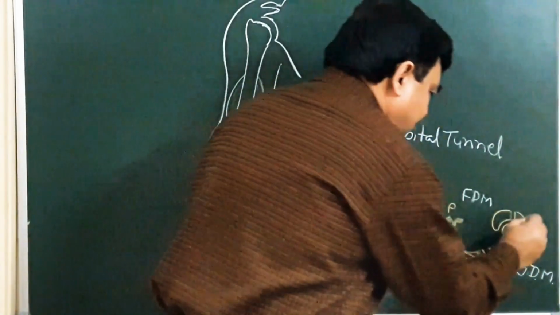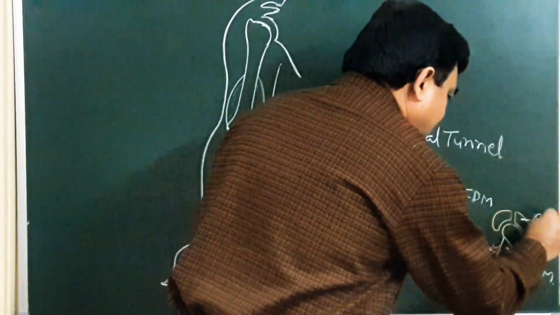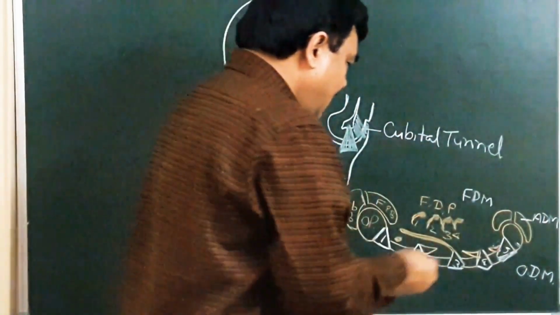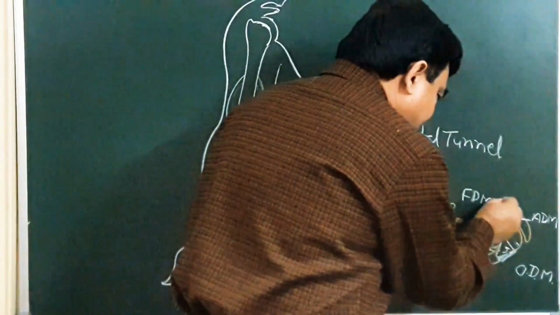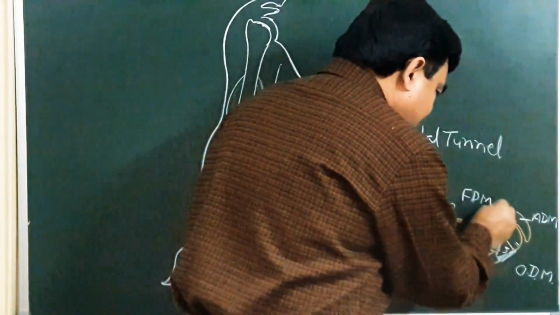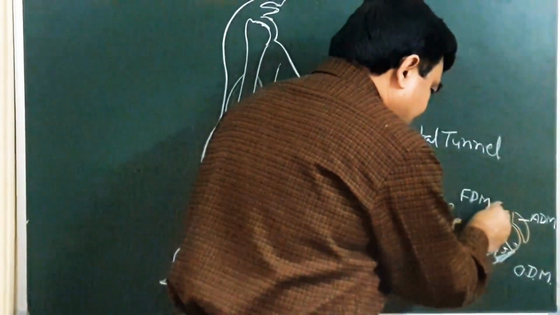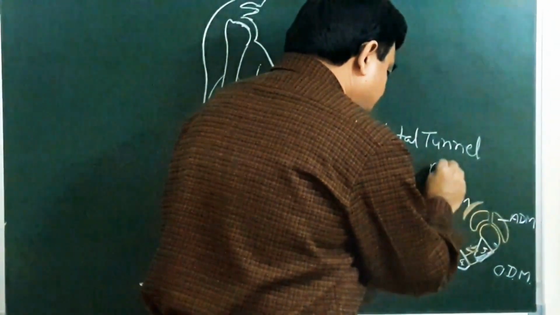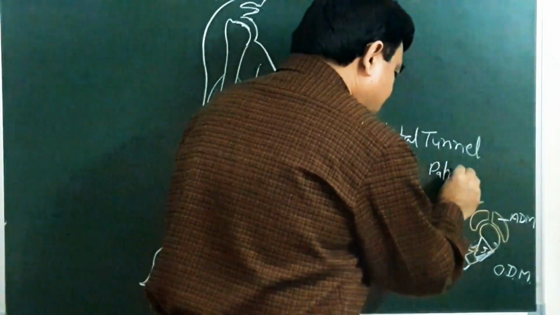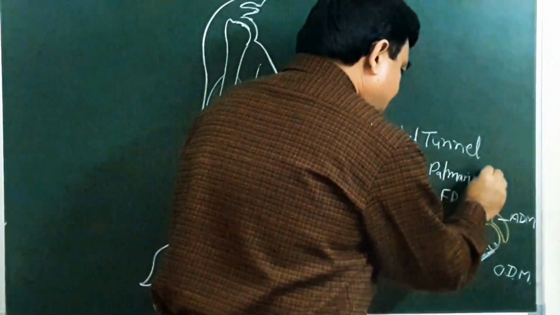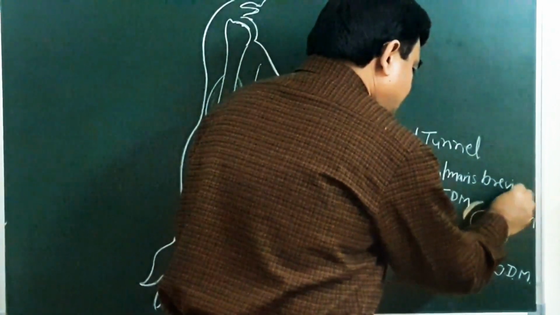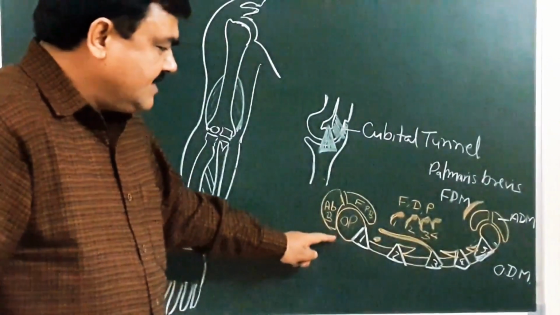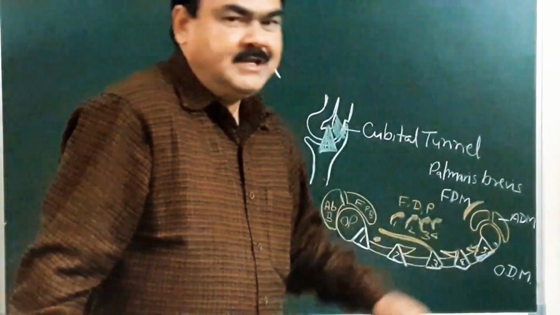This is abductor digiti minimi. And here the subcutaneous muscle is also present, that is palmaris brevis. So here, this is the thenar eminence, and this is the hypothenar eminence.